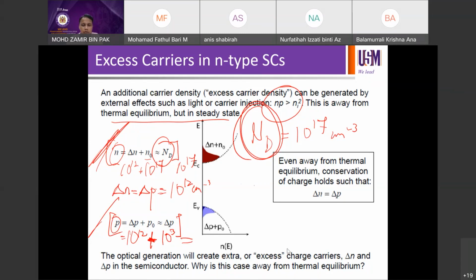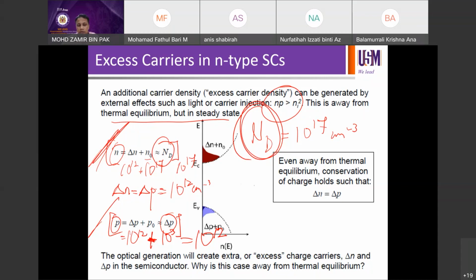So 10 to the 3 becomes very, very small in comparison to 10 to the 12. And therefore, your P can be approximated to 10 to the 12, which is essentially equal to your delta P. So when you have 10 to the 12 of excess carriers added to the existing 10 to the 17 of majority carriers and 10 to the 3 of minority carriers, the excess carriers barely change the majority carriers.